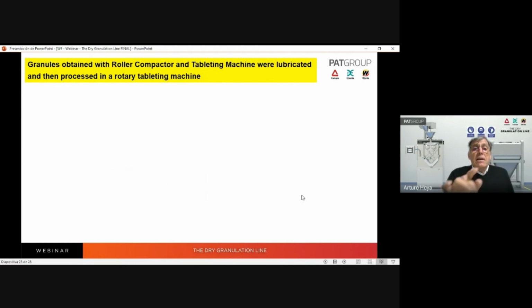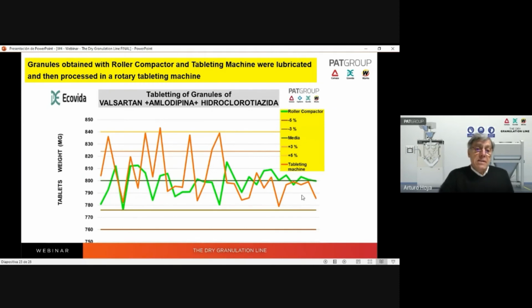And the granules obtained with roller compactor and with slugging, after being lubricated and then processed in the tablet machine, show these results. Look at this. In this axis, the tablet weight variation, you have in green the roller variation.